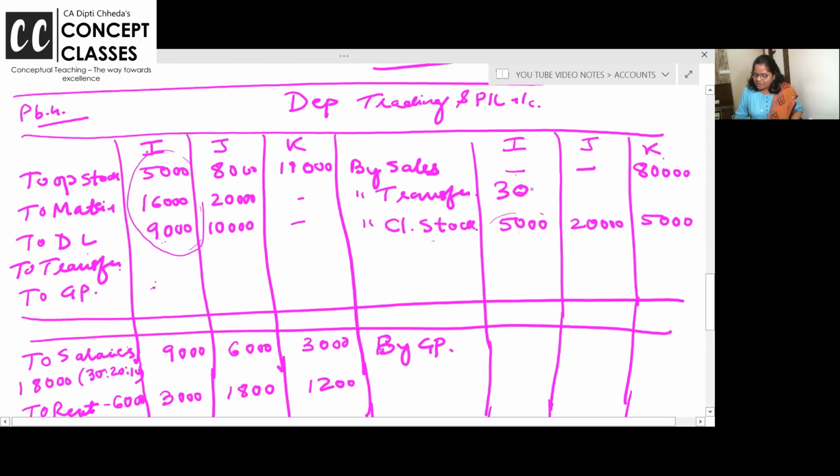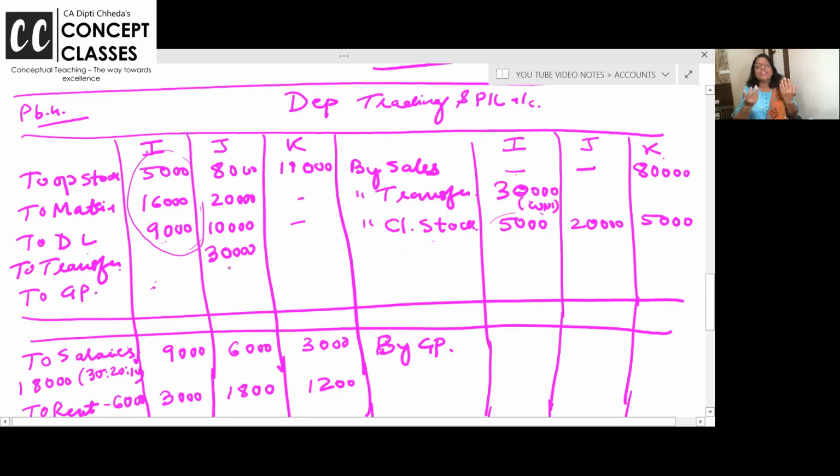I has transferred 30,000 goods. I am crediting I. 30,000 goods are going and J is receiving 30,000. Reference working note 1. Take your time. I is saying bye bye 30,000. I is not selling anything, it's transferring.